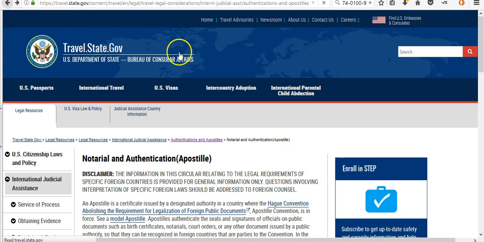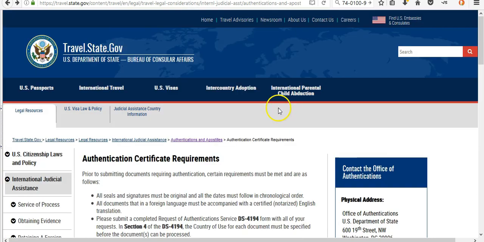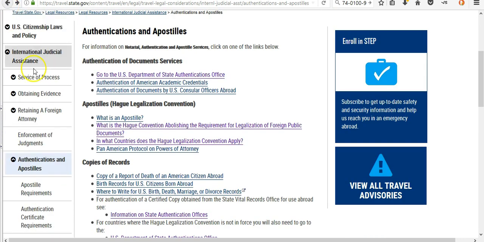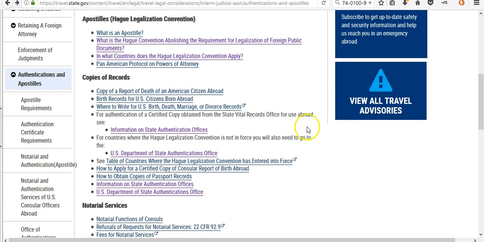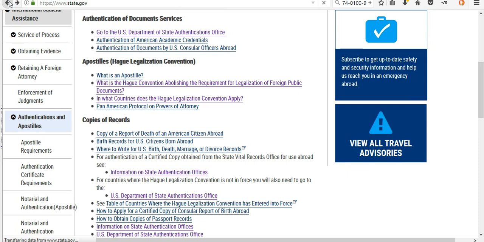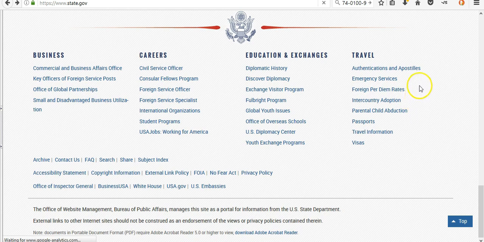Let me speed this up real quick before I forget what I meant to show you guys. Okay, so on the Department of State website, they have a section in there about nationality. Okay, give me a second. Let me see.